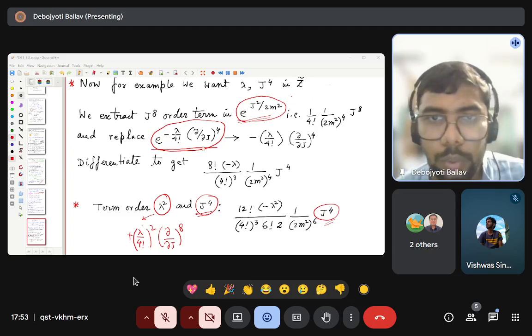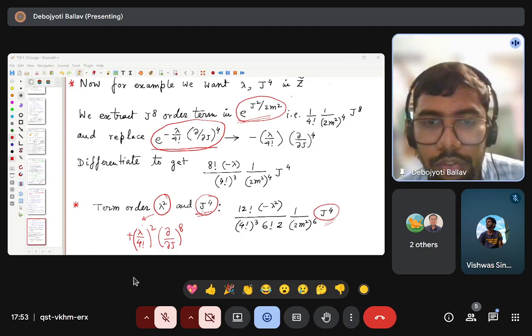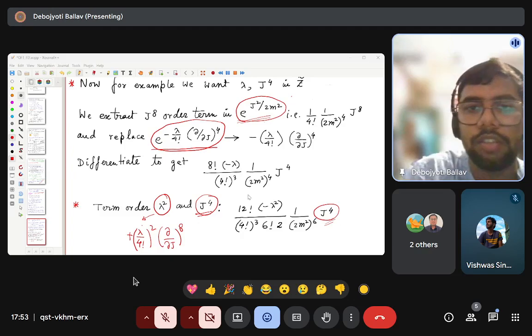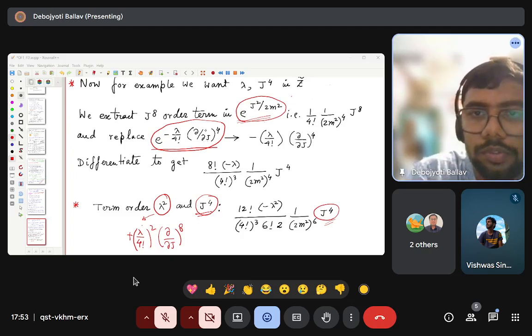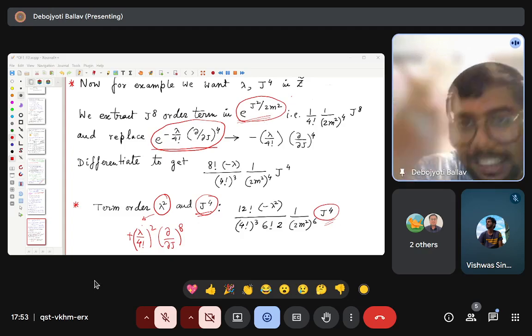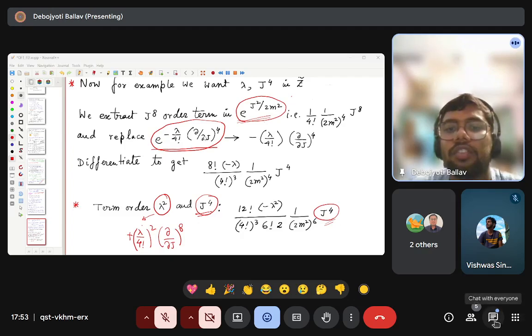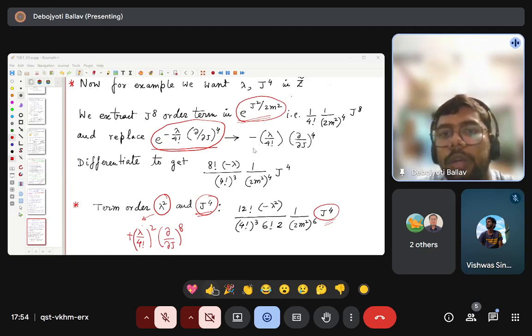If you take a 12th order from this, then after taking 8 derivatives, you will get a 12 factorial by 4 factorial and all such stuff, and you have a j to the 4. So from this you have to take a 12th order term. That means 2 to the 6, so it is j square to the 6. So you have to take 1 by 6 factorial, j to the 6th. You understand? So this is the 4 factorial. You have to take 1 by 6 factorial, 1 by 2m square whole to the 6, j to the 12th.